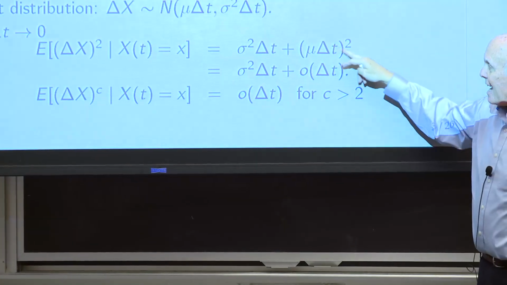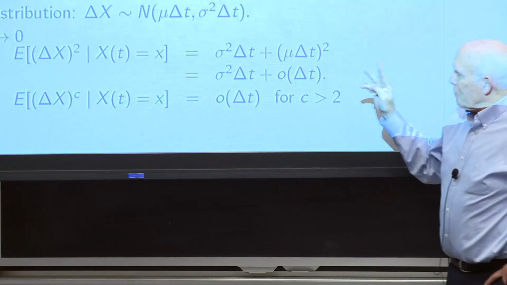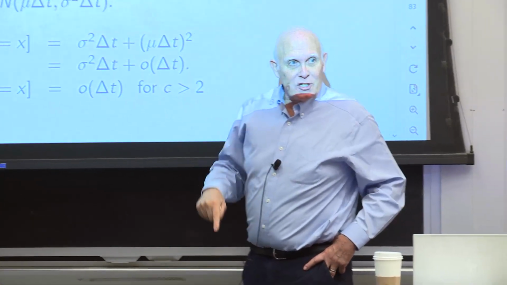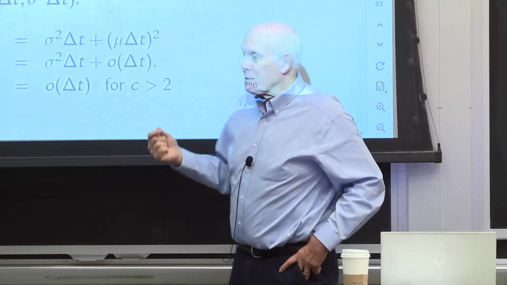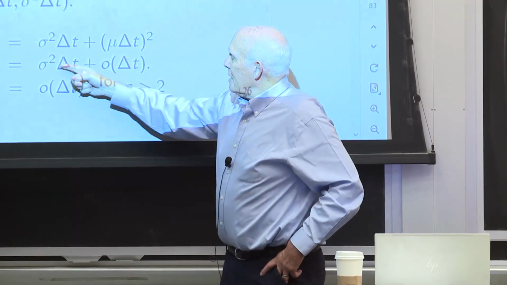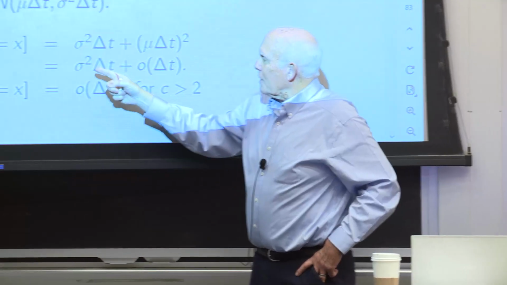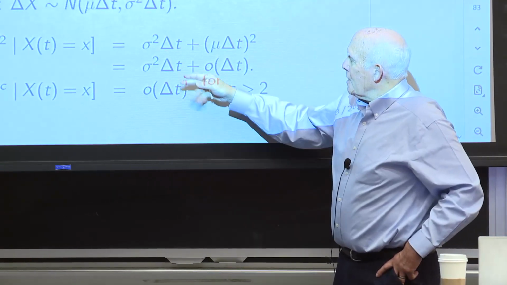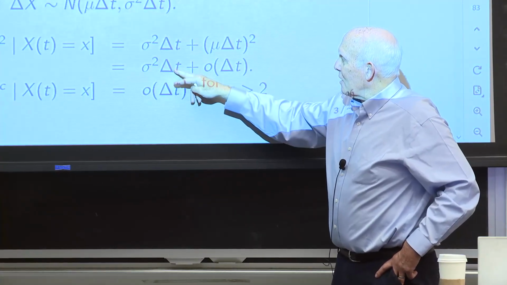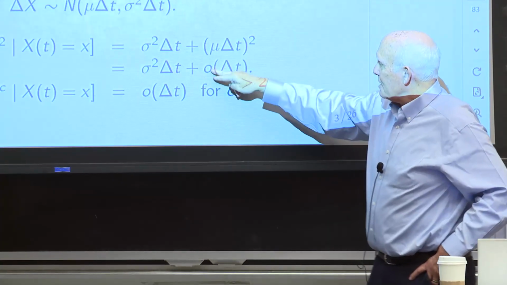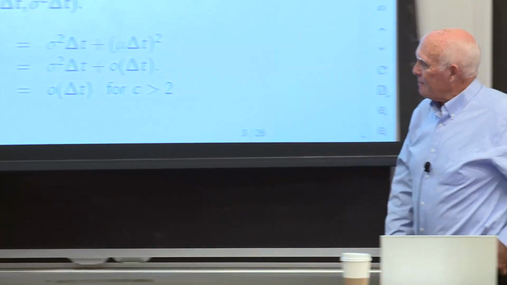This is actually an exact formula. But what's important for us is that as delta t goes to 0, as it becomes infinitesimal, then this squared increment has expectation that's of order delta t, and it actually equals sigma squared delta t plus little o of delta t.